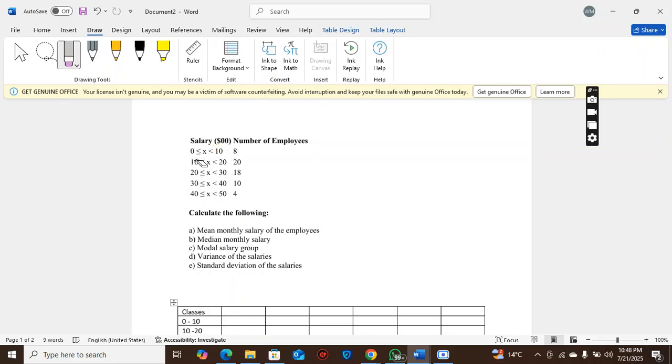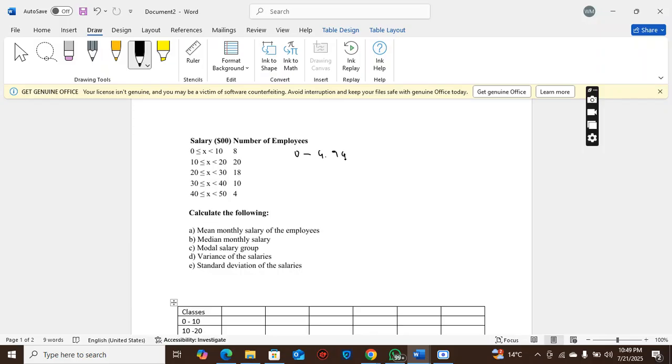Since these are salaries and this is money, you can put it like this: 0 to 9.999.